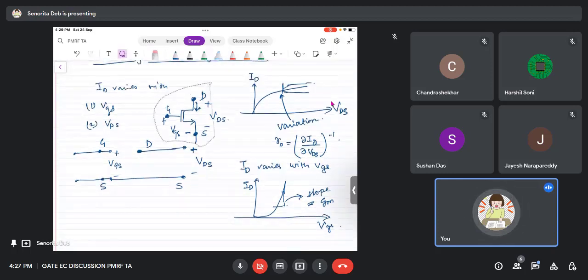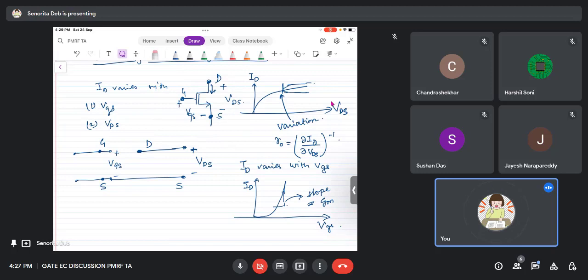Okay, so now what we are saying is that ID is varying with VGS as well as VDS. So that is why there is one current source in this direction, which is given by GM VGS. You can see it from the input characteristics which I have drawn here.